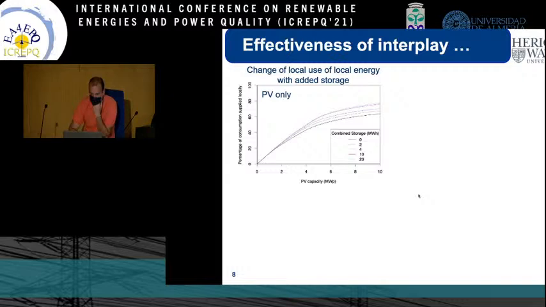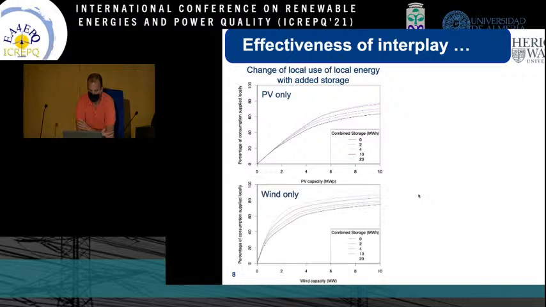So for the 10 megawatt peak, we can bump up the supply from about 60 to just under 80%, but even that levels off at a certain storage capacity. So we can get good benefits up to about 10 megawatt hour storage capacity for the 10 megawatt peak PV, and after that we add more storage, but we don't actually get more benefit.